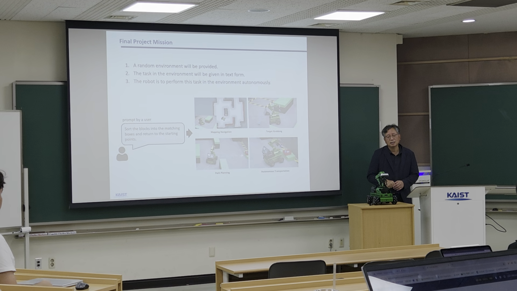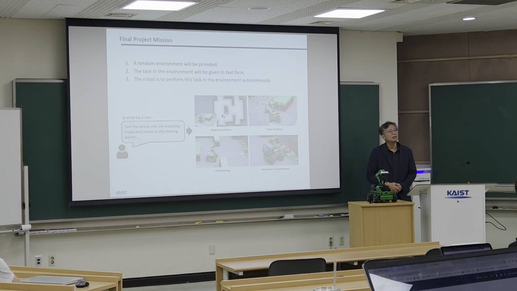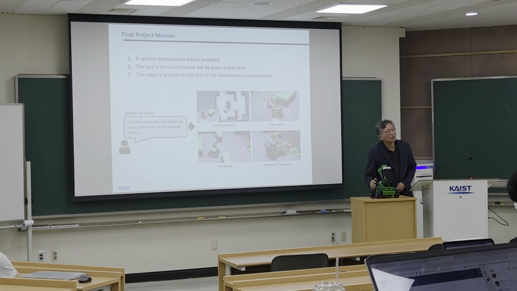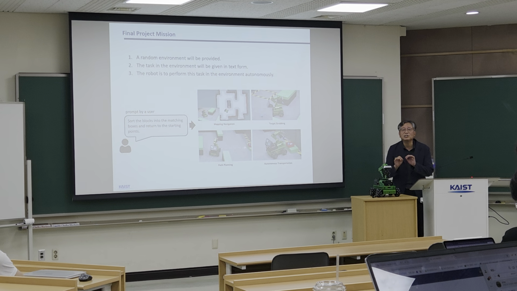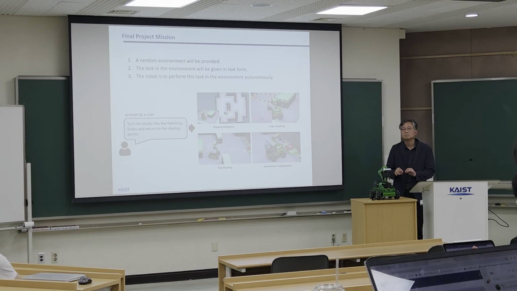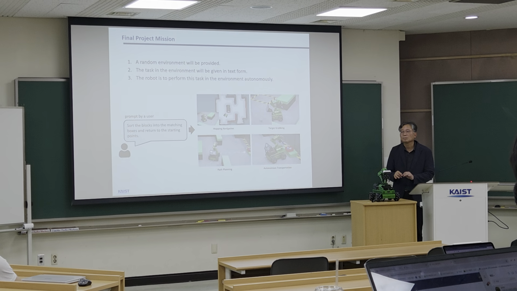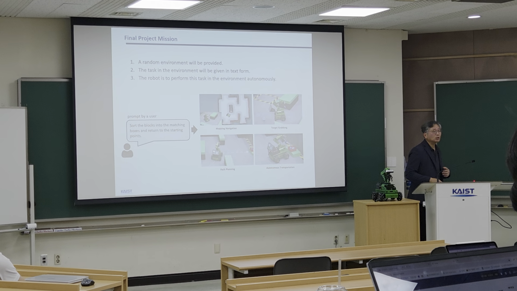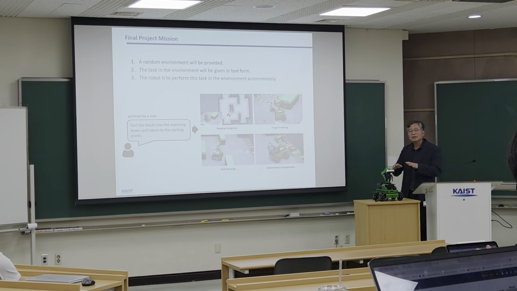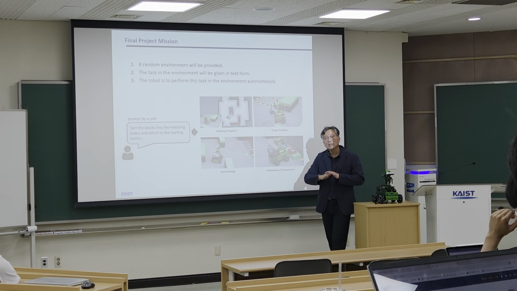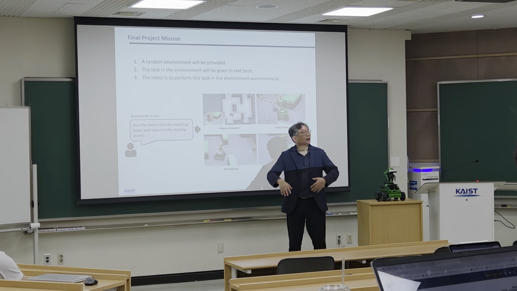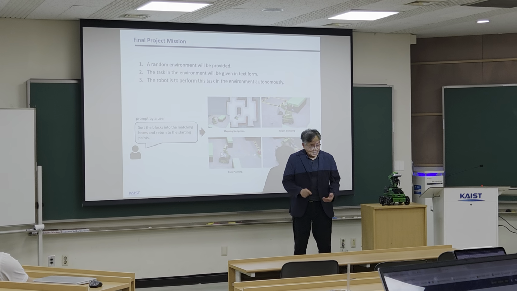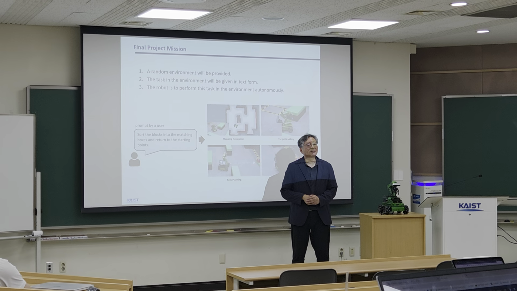You just give it to it, and it would need to perform that task autonomously without you interrupting. Okay? So this is a very challenging course. We will not give you an environment a couple of weeks ahead of time, and you program all of this. No.